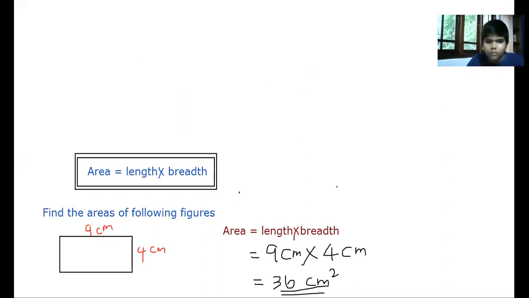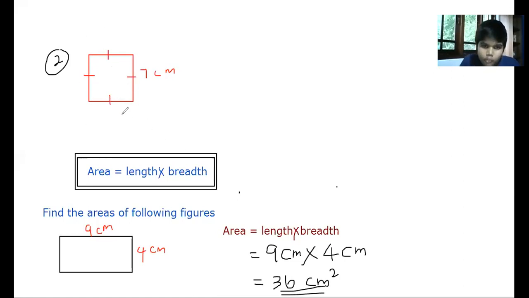Second figure you draw. Second question. Right, that's another question.